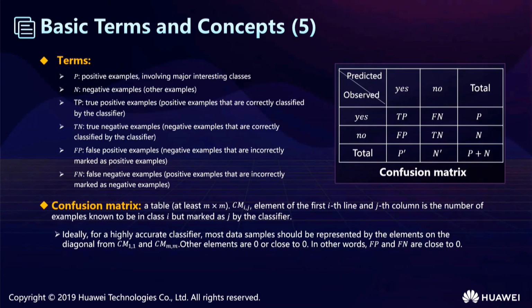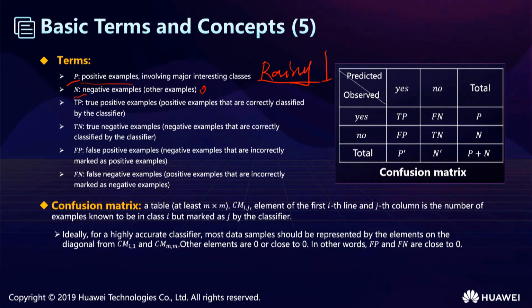Let's see some basic terms. In weather prediction, we use raining as the positive example, and we use the number 1 to represent it. For negative examples, we use 0, meaning it's not raining.